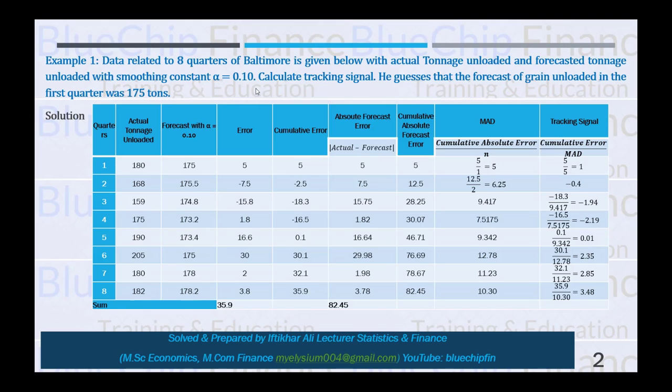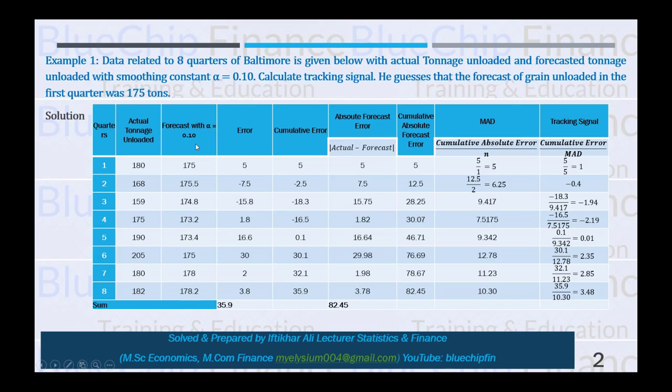Calculate tracking signal. He guesses that the forecast of grain unloaded in the first quarter was 175 tons. The first column represents the quarters, the time period, and the second column represents the actual tonnage unloaded.